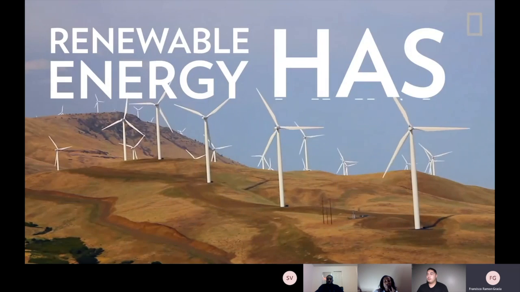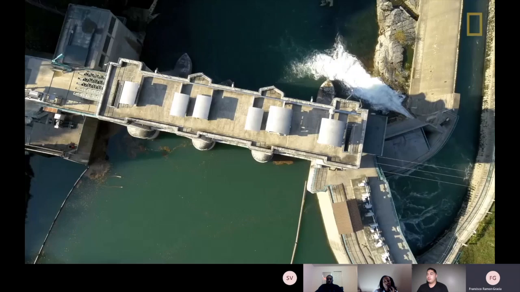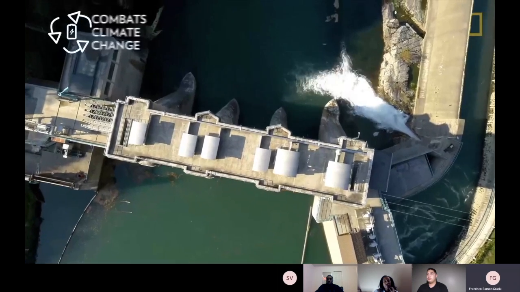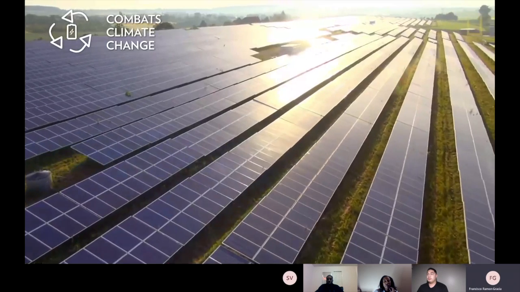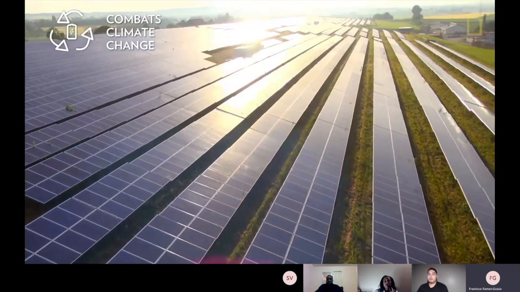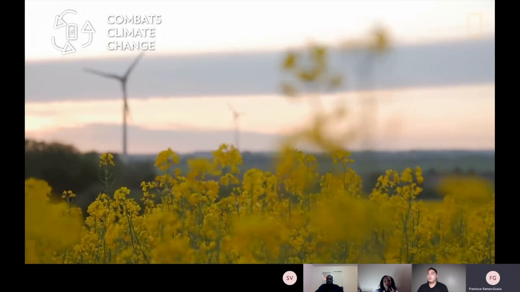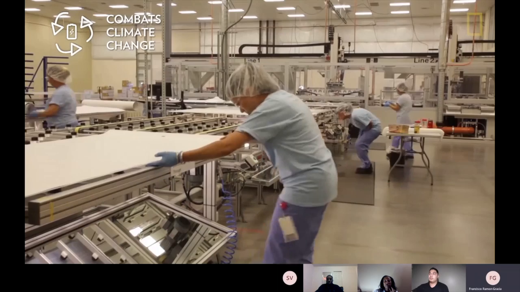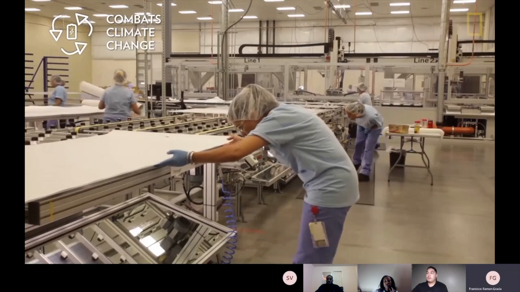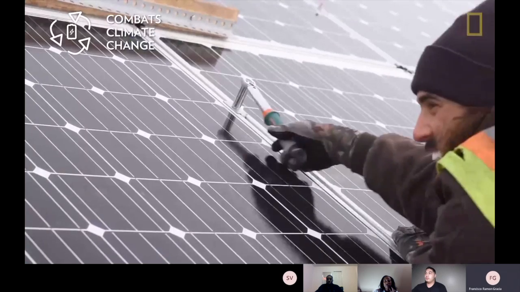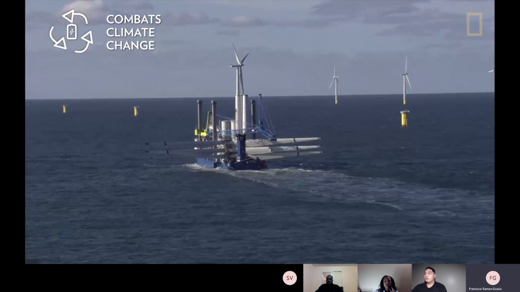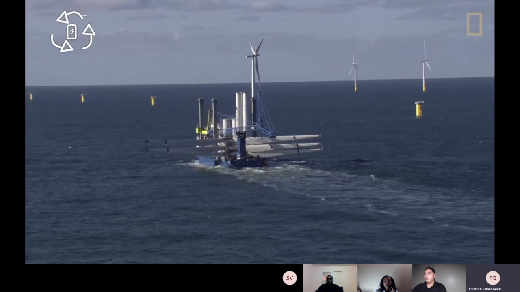Renewable energy has many benefits. First, it can combat climate change because it creates no direct greenhouse gas emissions. The only emissions that they produce are indirect, meaning those that result from manufacturing parts, installation, operation, and maintenance. But even those are minimal.